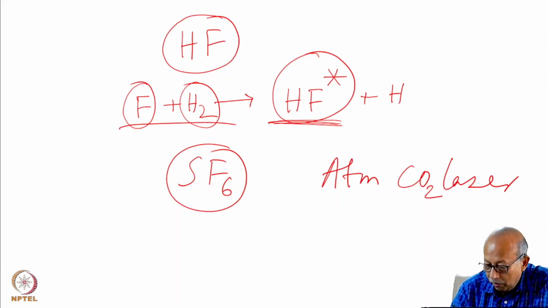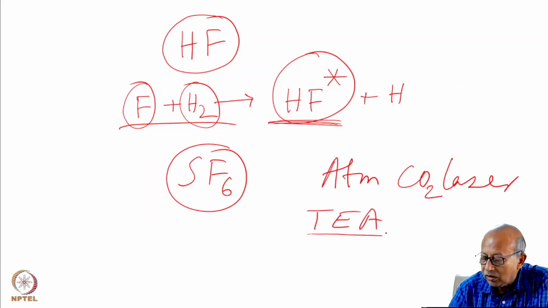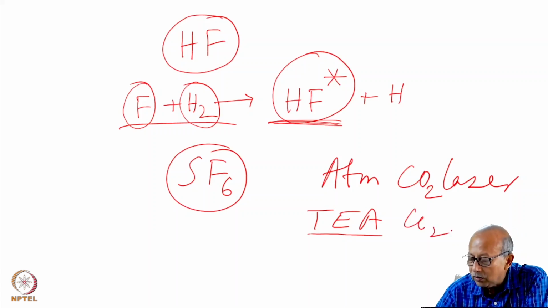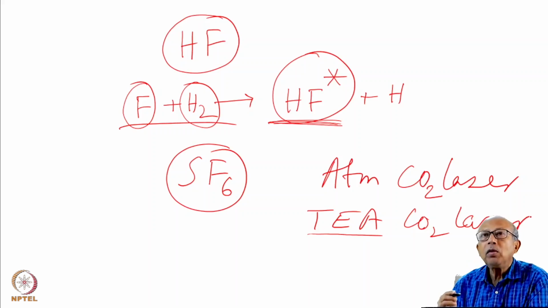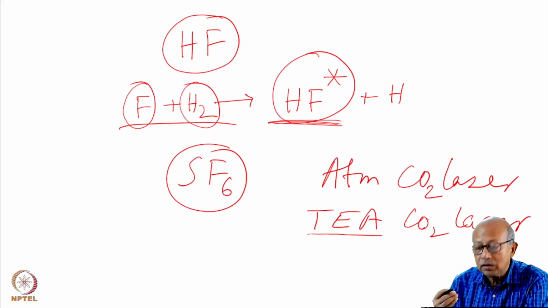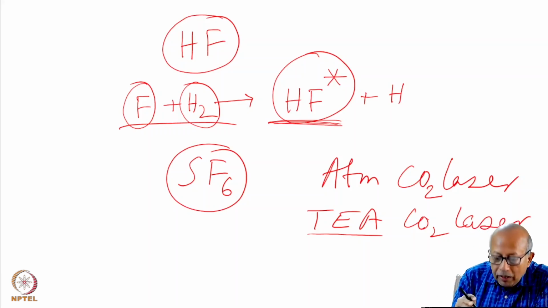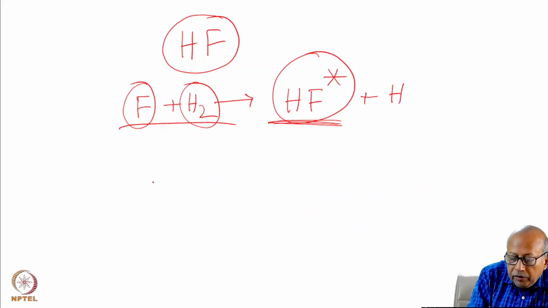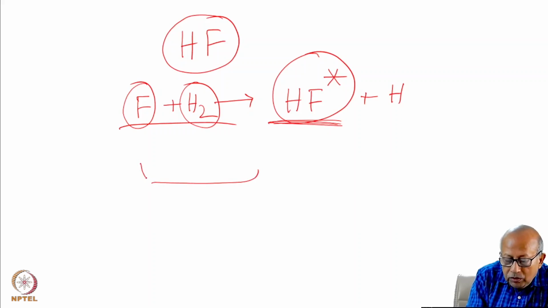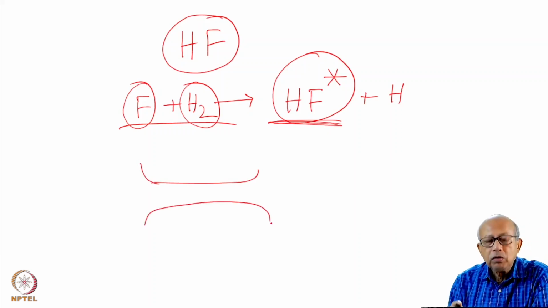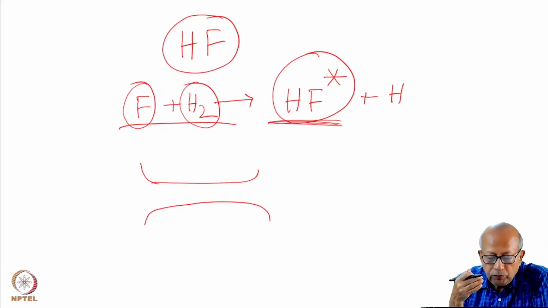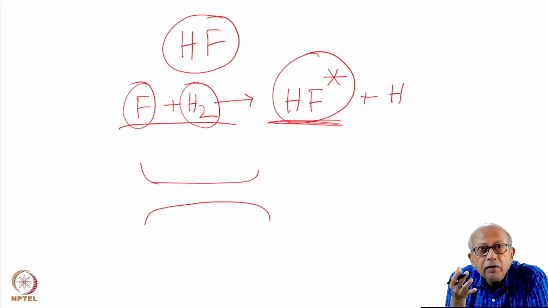Such lasers, as you have already studied, are called TEA CO2 lasers, transversely excited atmosphere CO2 lasers, where a high voltage discharge is applied transversely to the laser gas mixture. Likewise, here too, two electrodes are kept transverse to each other, and the electrodes are uniform field electrodes to remove the possibility of any arcing.